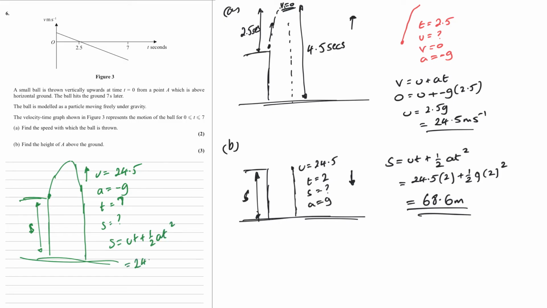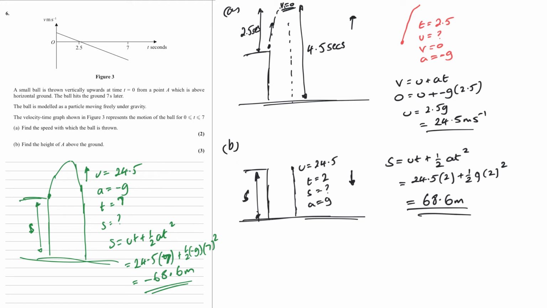So you've got 24.5 times 7 plus a half times minus G times 7 squared. And with this, you get minus 68.6 meters. Since that's in relation to the start, you can then make a statement that it was 68.6 meters above ground. Now, I'm sure there are lots of other methods that you could do here.